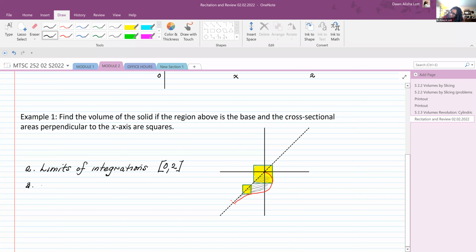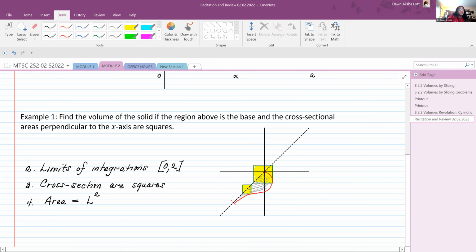Okay, so that's the limits of integration. 3, we identify that our cross-sectional areas are squares. So our cross sections are squares. So in 4, I need to find the area. The area of a square is the length squared, whatever the length is.